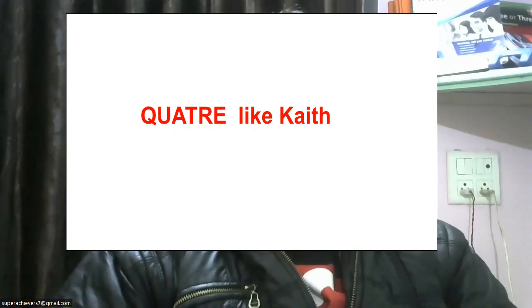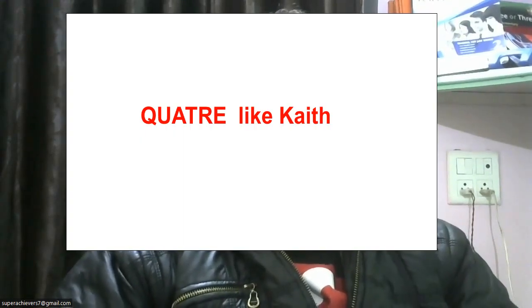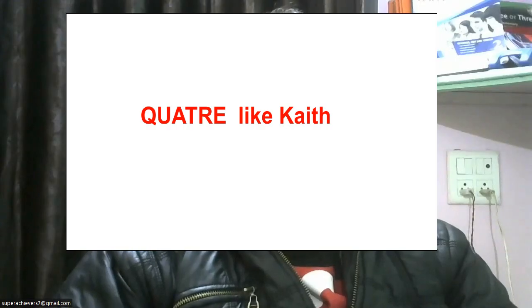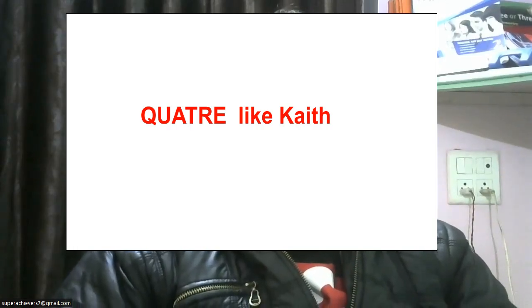Quatre: the t is pronounced like th in English. Usually, in phonetic terms, you can say it like that. J'ai quatre chiens. J'ai means I have, quatre means four, chien means dog.